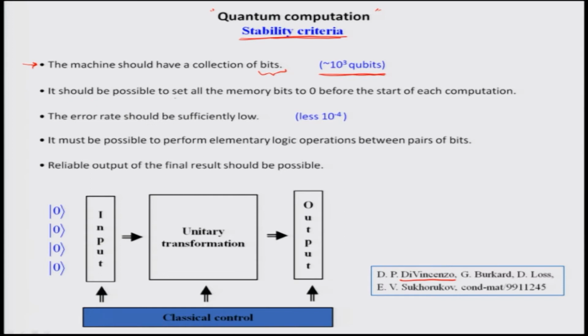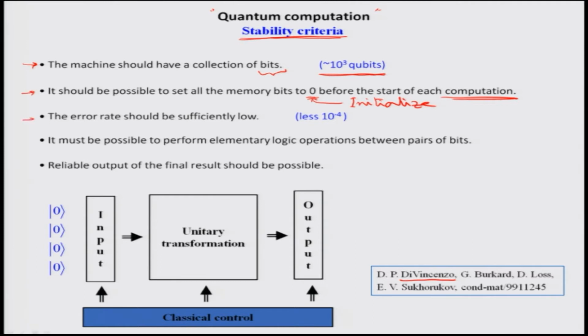Secondly, it should be possible to set all the memory bits to 0, in other words initialize, before the start of each computation. This is also extremely important, as it is important to know how to go about the computation cycle. Otherwise, once the computation cycle for a particular problem is over, the computer becomes unusable.